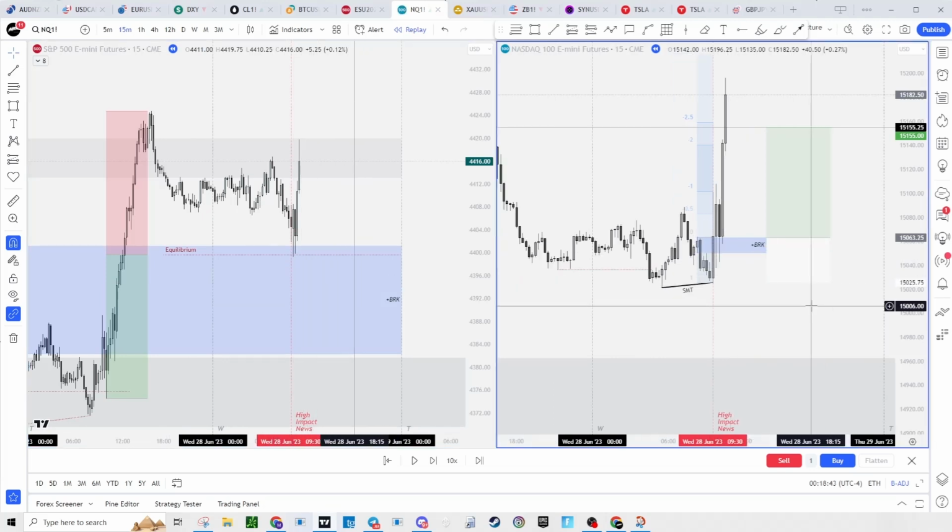To me, this was a high probability trade, and this is exactly what I seek for in my entry model every single day of the week if it is offered to me.